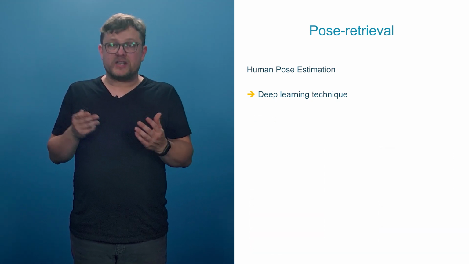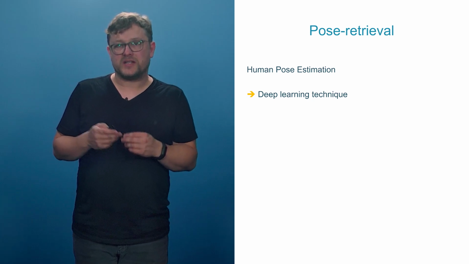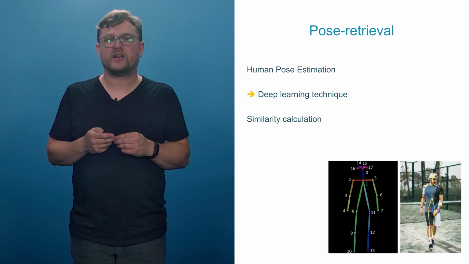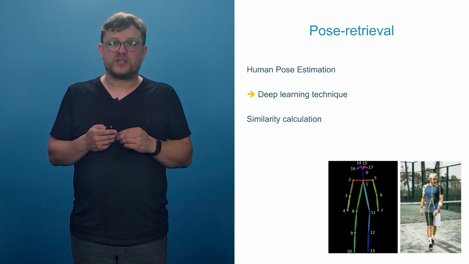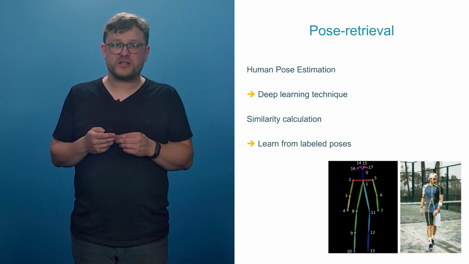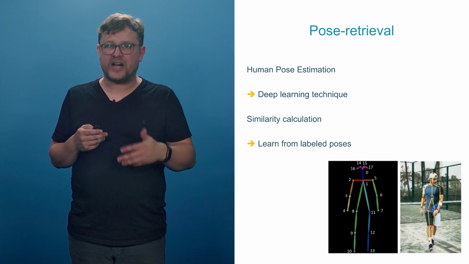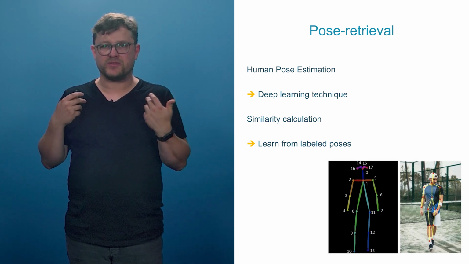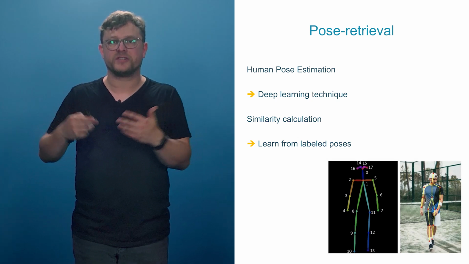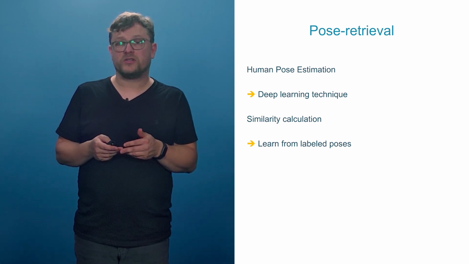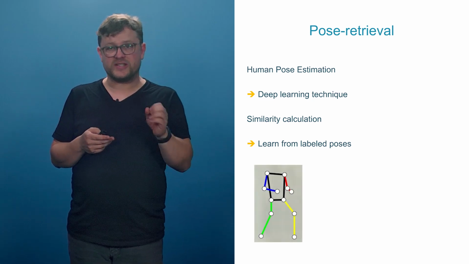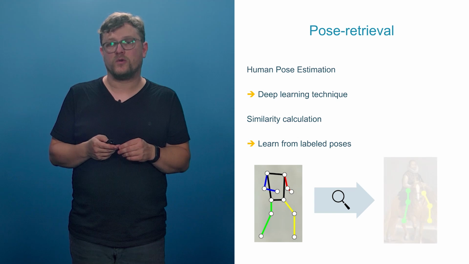So finding the best pose is again a similarity calculation. The human pose estimation model learns from labeled poses and gets a higher and higher score if it gets better at positioning the joints. That's how it learns. You don't necessarily need an image to start from. You can also draw the skeleton yourself and use that as a query operation.